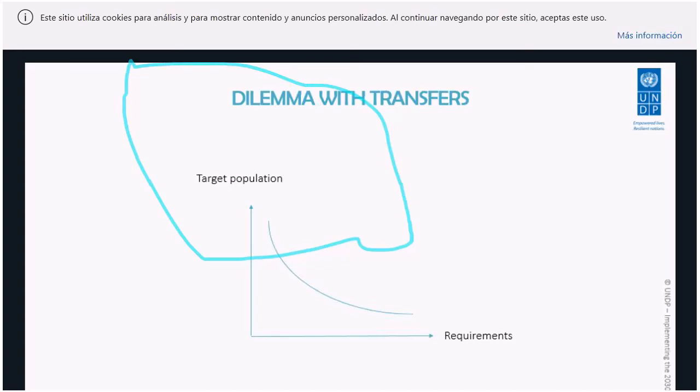So try to solve this dilemma in the most cost-efficient way, right?